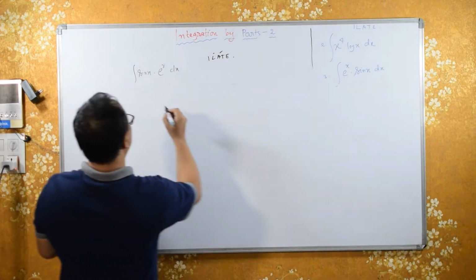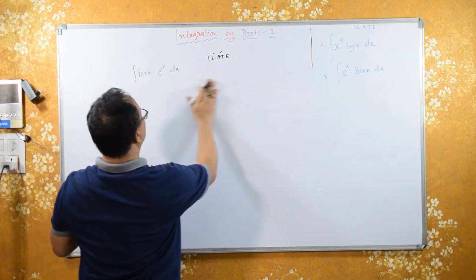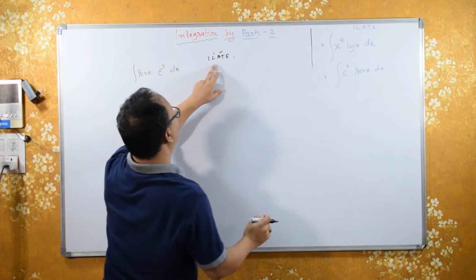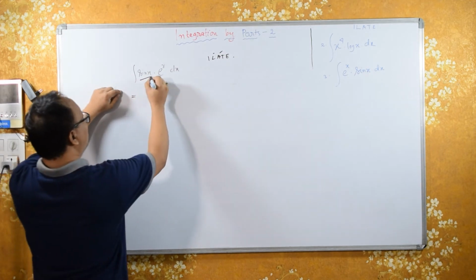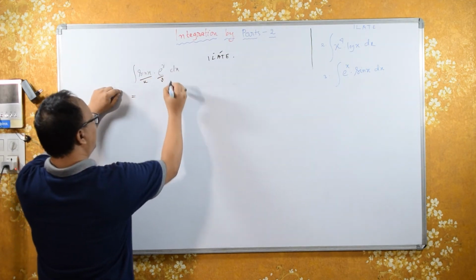Okay, now after this we have to apply this formula, the u into v rule. Okay, here this becomes u, meaning the first function, this becomes v, meaning the second function.